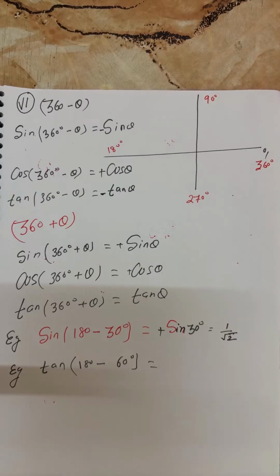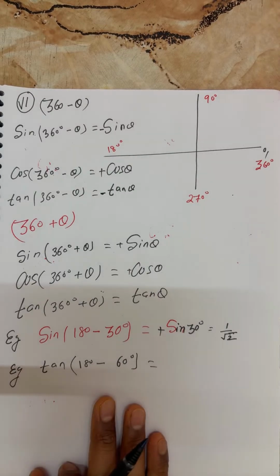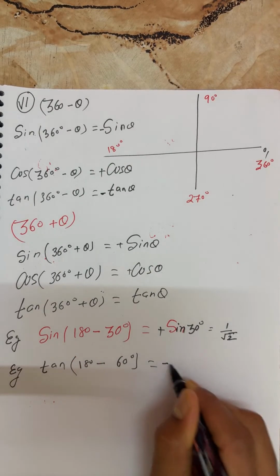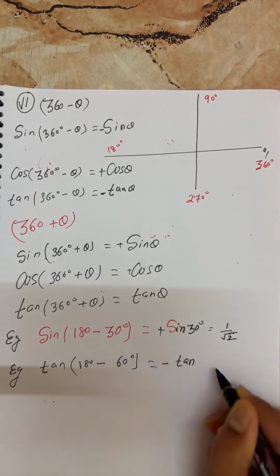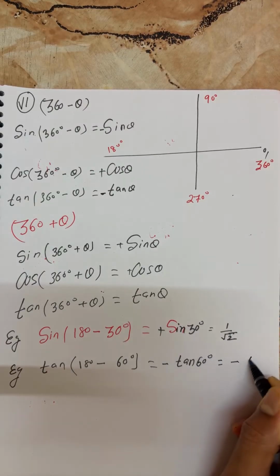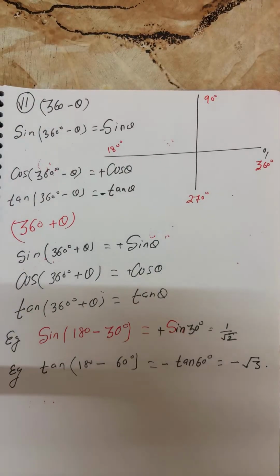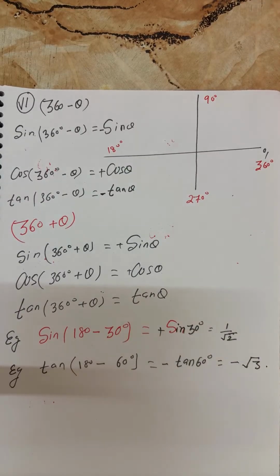We are pretty sure: tan 180 degree minus theta. What can we say? Third quadrant here. So minus tan, and theta is 60 degree, which equals minus root 3, right?